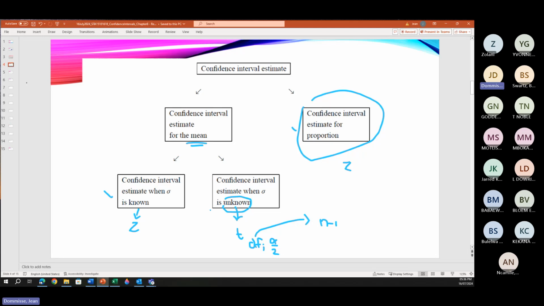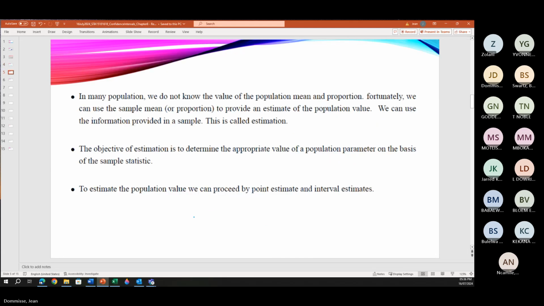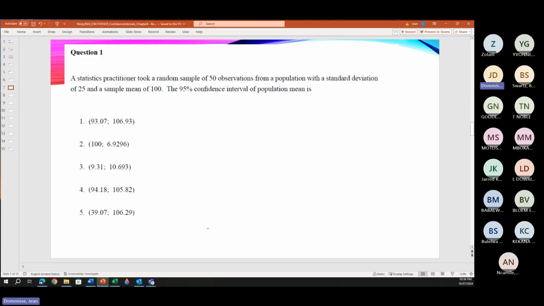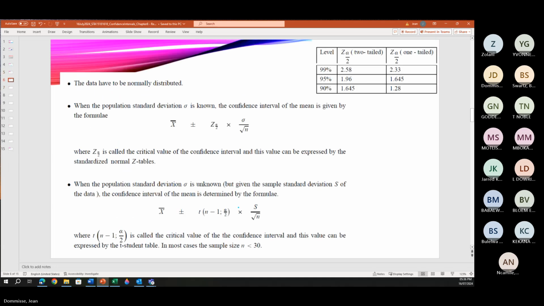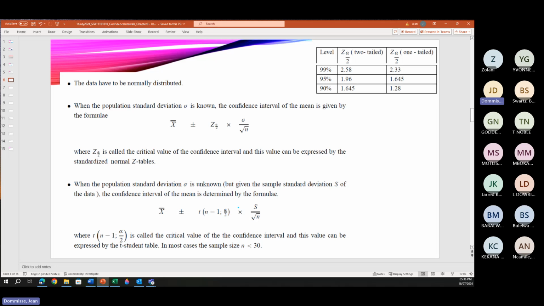Okay, then what I also want to show you, and this also comes from study unit 7. So what we are doing with confidence interval is you've got a mean.